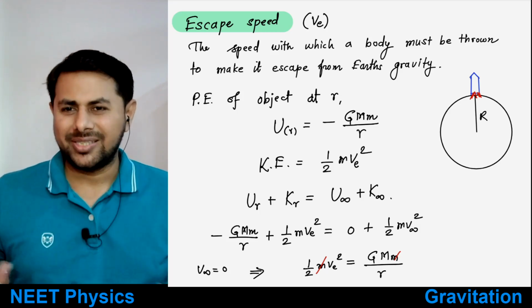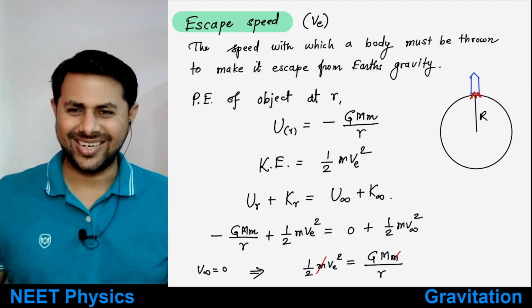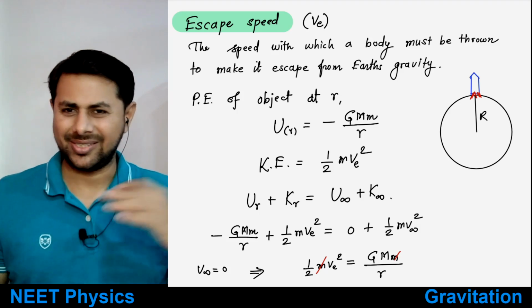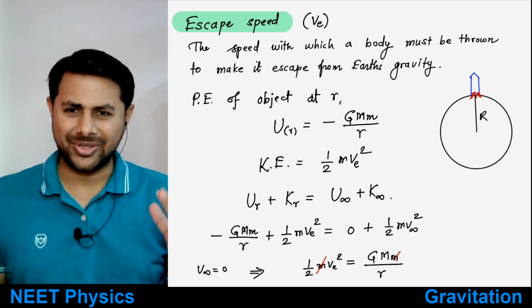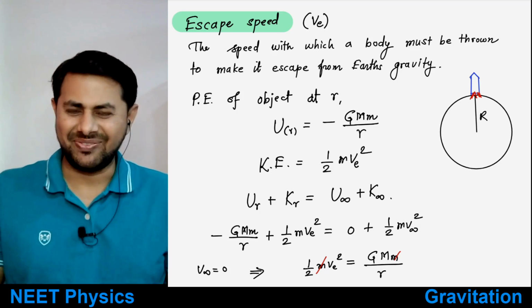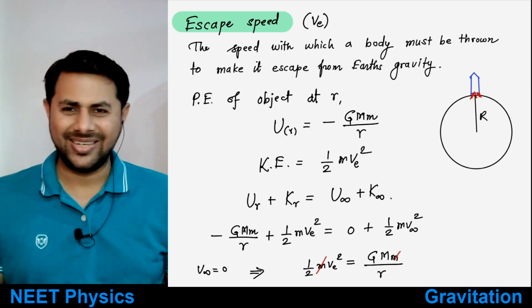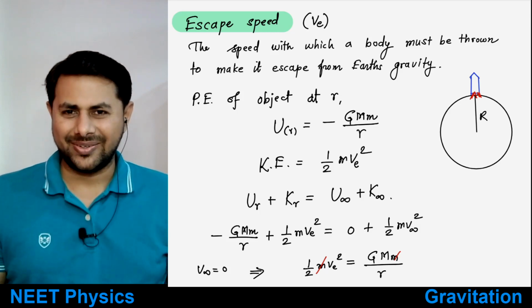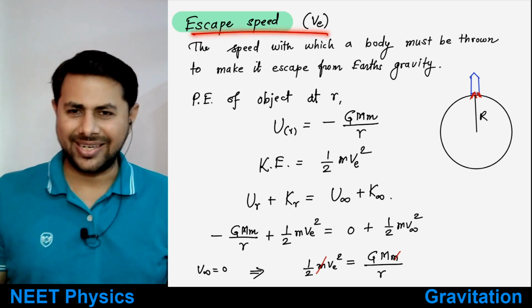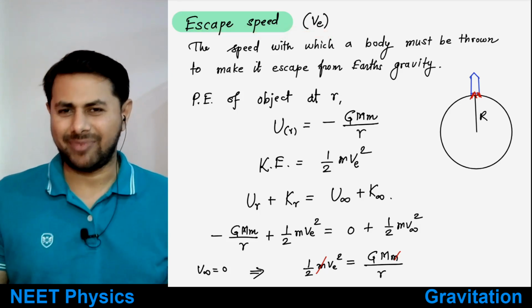Suppose there is some person in your life and you hate that person, and you want to send that person somewhere that he or she never comes back. Then with what speed you must throw? Some relative. With what speed you must throw that person so that he or she will never come back? So that speed is known as the escape speed. So the person will escape Earth's gravitational bound.